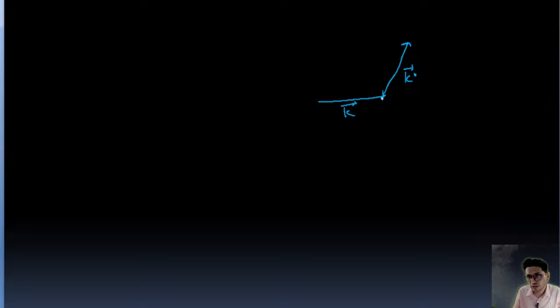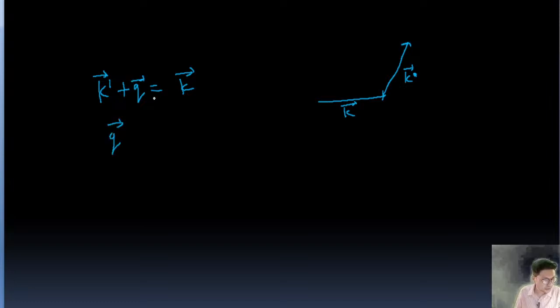So from here we can write k dash vector plus q equal to k. So from here the value of q vector is going to be k minus k dash.